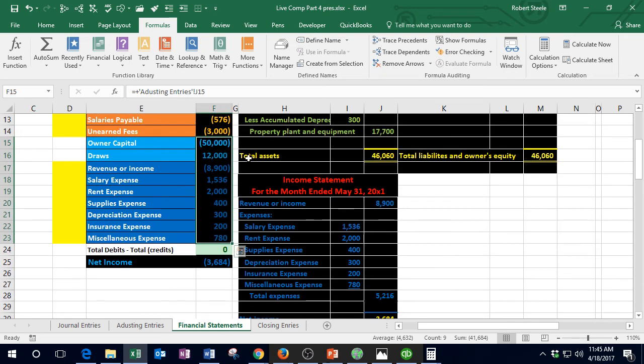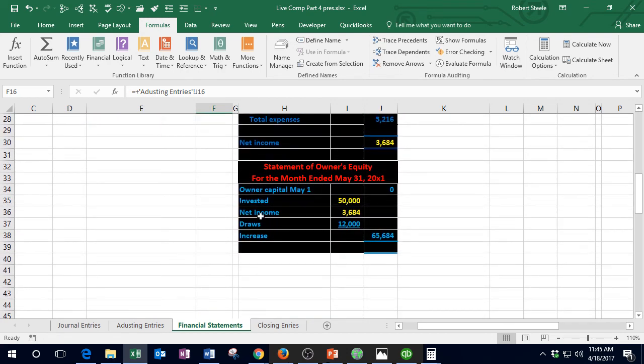Why not? Because these are credits, these are debits. And in plus and minus formats, net income's increasing, this is decreasing. So we might even call this less draws. So the formula then should be equals the 50 plus the 3684 minus this 12. And that'll give us the 41.